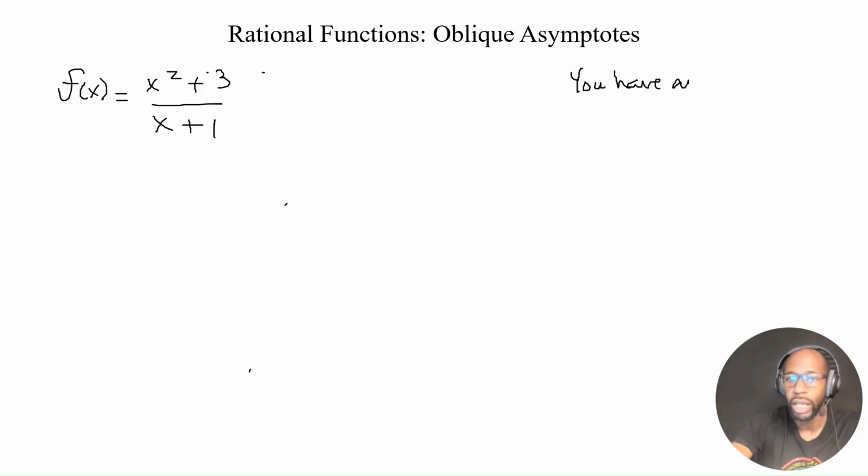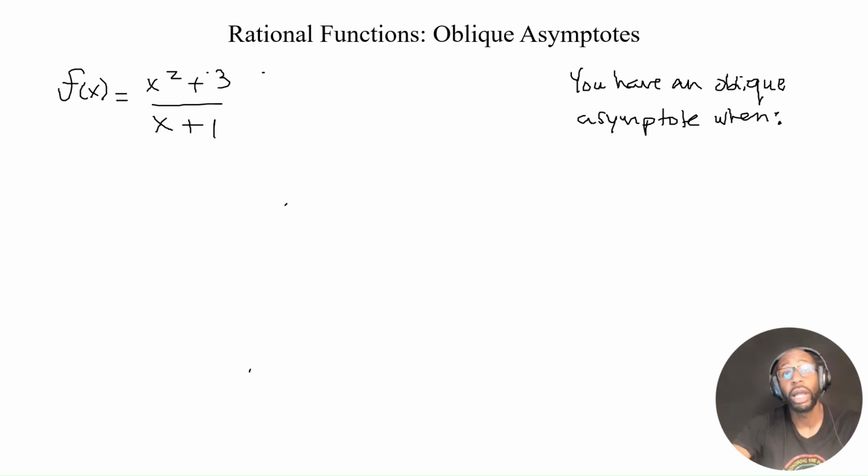You have an oblique asymptote when you have a polynomial where the highest degree term of the numerator and denominator is represented like so: a x to the m on top, and b x to the n on the bottom.